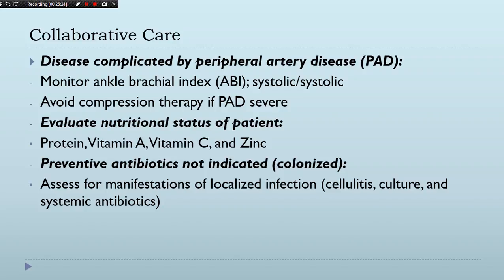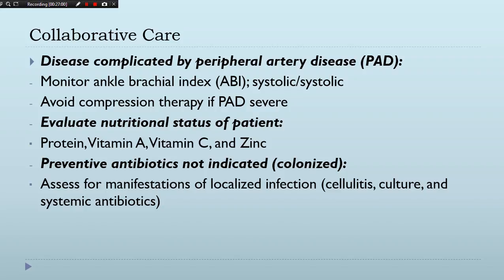For additional collaborative care for somebody who's got venous insufficiency, these patients are also at risk for having peripheral arterial disease, or PAD. So we want to make sure that their disease process is not intensified by the therapy we're going to use for the vascular insufficiency. We would monitor their ankle-brachial index, which we know is taking their systolic blood pressure from their ankle and dividing it by their systolic blood pressure from their brachial, and that would give us our ABI, or ankle-brachial index.